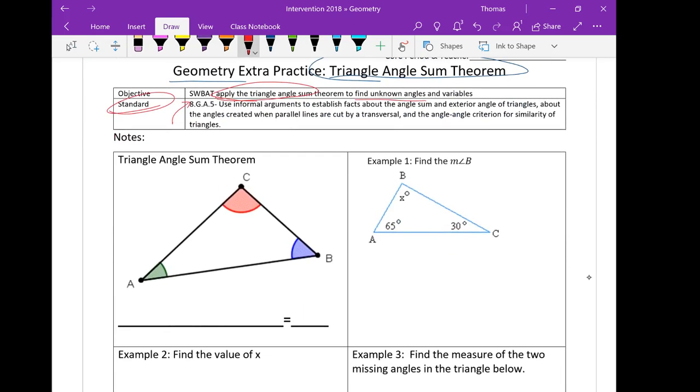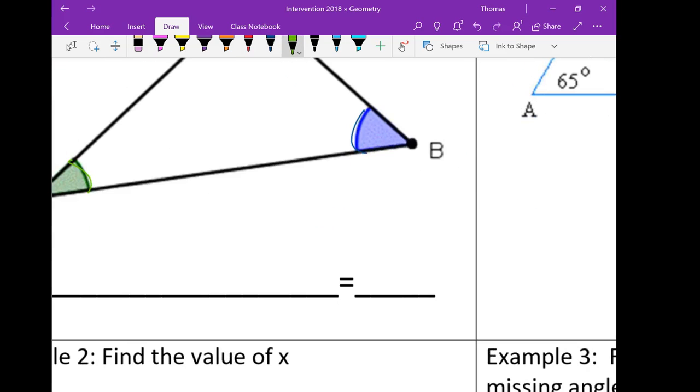So the triangle angle sum theorem is pretty simple and straightforward. It really just says that the sum of the angles, so all of the angles, the green one plus the red one plus the blue one, together add up to 180 degrees. So I'm going to write that right here.